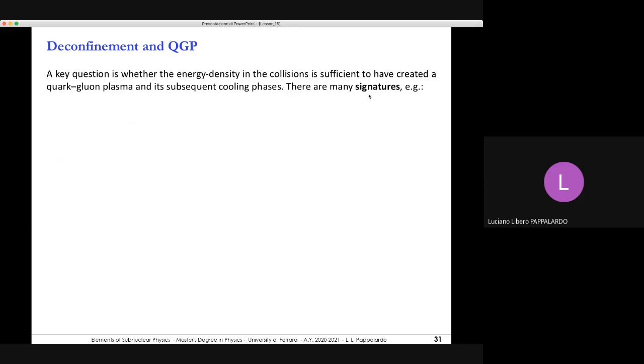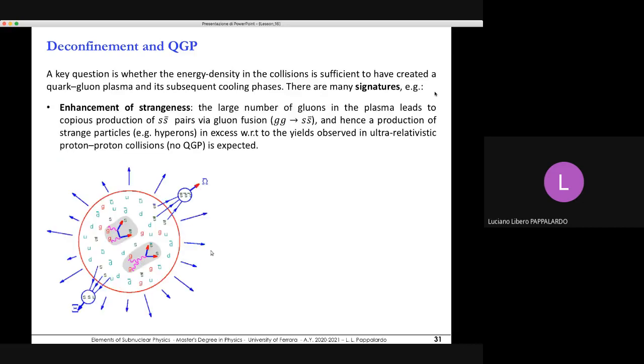There are many different signatures of quark-gluon plasma formation that have been proposed by theoreticians and extensively probed experimentally. One of those is the enhancement of strangeness.